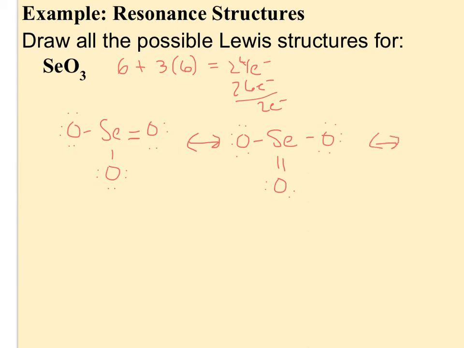Or it could also be the third and final version where Se is double bonded to this oxygen and single bonded to the other 2, with the lone pairs indicated. So drawing resonance structures means drawing all the possible places where that double bond can resonate or rotate among.